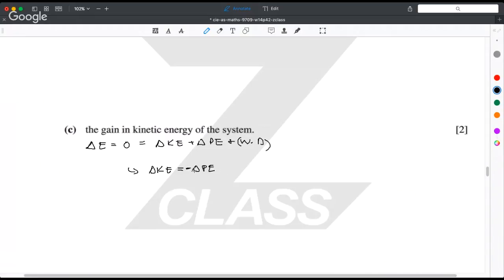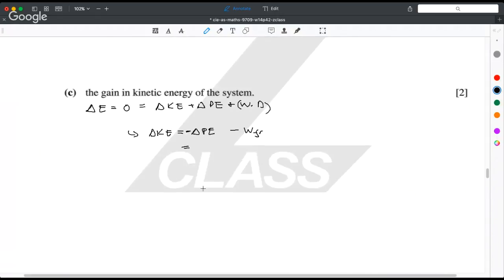I'm going to say that the increase in potential energy is negative, which means it's decreased, and then subtract the work done by friction. So this is going to be minus 2.7 minus 1.89, and this is therefore 0.81 joules.